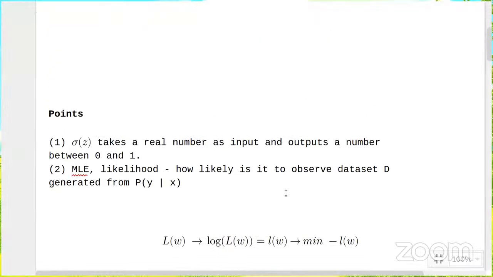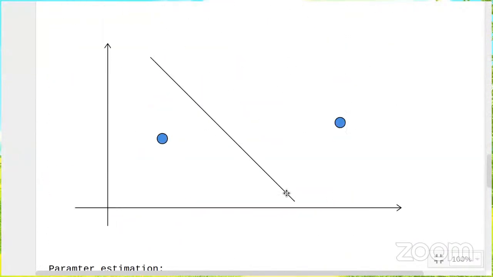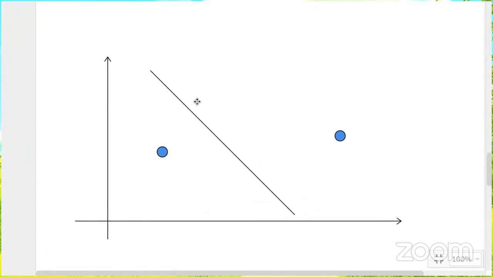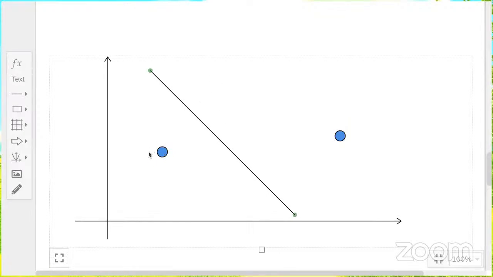So maybe I'll go to this image. Very crudely, in a discriminative model, we try to draw a line. It won't worry about what the data is. All that it cares about is that I need to discriminate between the two classes.